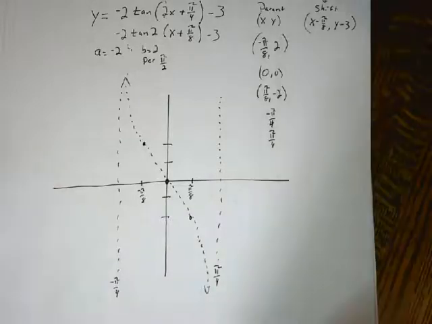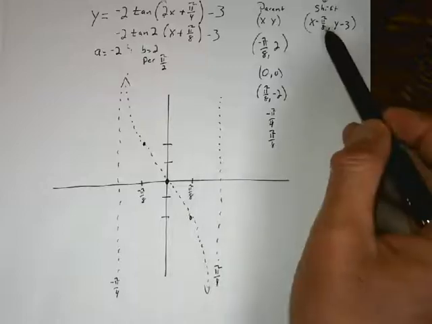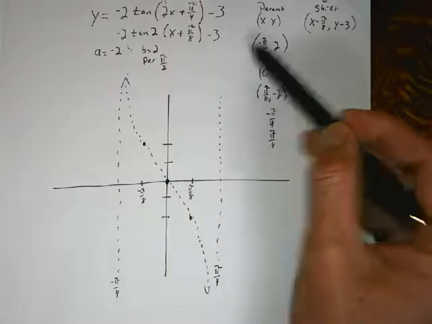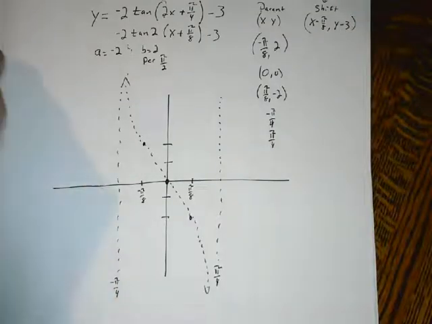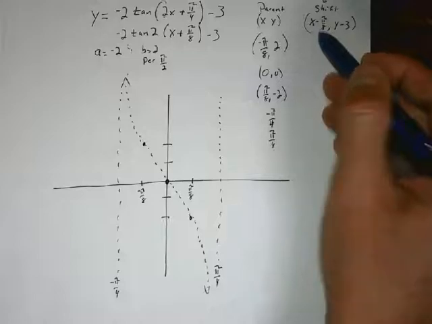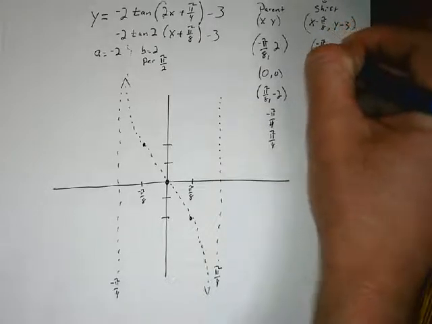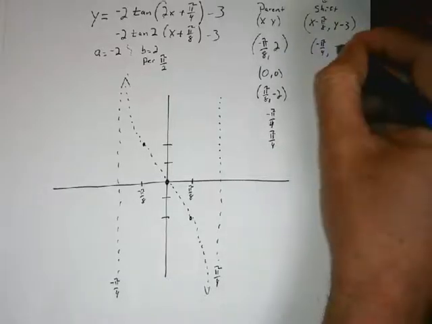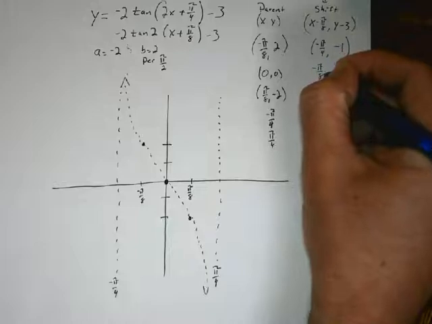Now, we know that every one of these values has to move left pi over 8 and move down 3, so we'll do the math on all that first. Negative pi over 8 minus pi over 8 is going to give us negative pi over 4. 2 minus 3 is negative 1.